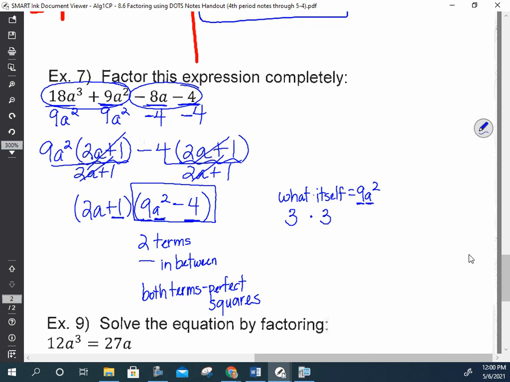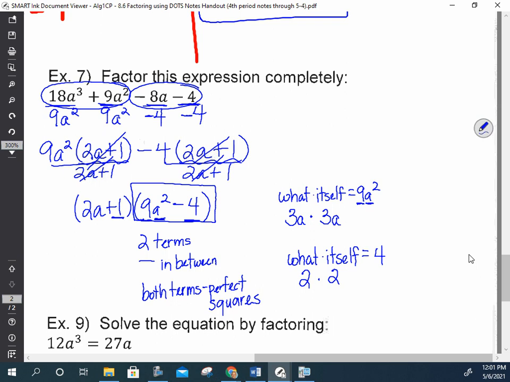What times itself will give me a squared? So a times a. So 3a times 3a will give you 9a squared. What times itself will give you 4? 2. 2 times 2.